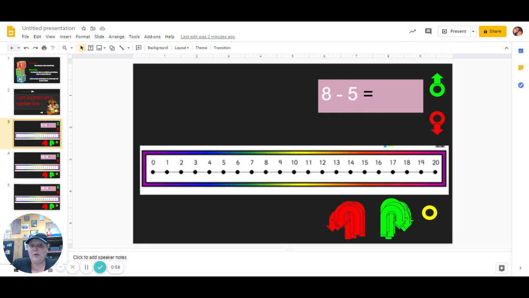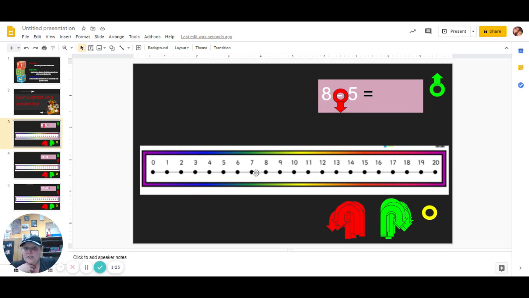Now, you have to find this middle piece, what your mathematical equation is asking you to do. So here you have your sets, and I'm going to be subtracting. And when I subtract, I know that that means my number is going to get smaller. So my number should go down from 8. It should not stay 8, and it should not get higher, okay?